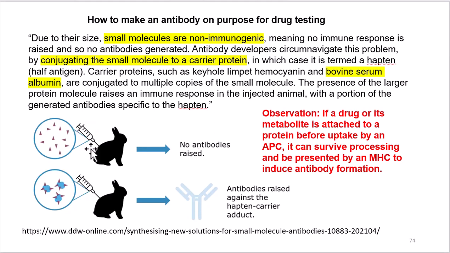If you take a small molecule, this is one company's strategy, and inject it in a rabbit, you don't get any antibodies. This is to be expected. So most drugs will not make antibodies. But if they pre-react the drugs with something like serum albumin, a protein, and then inject it, they get antibodies.